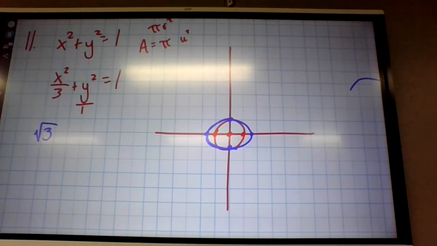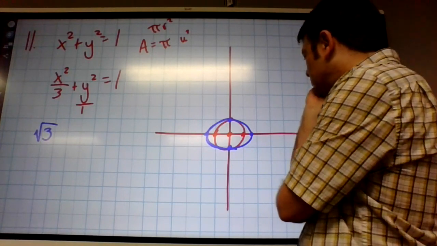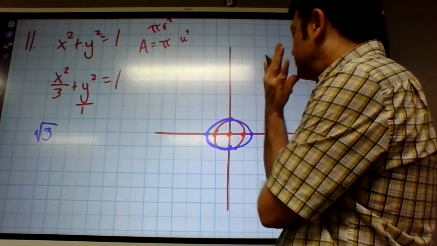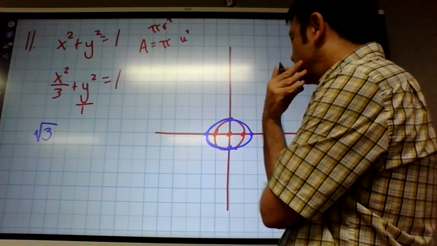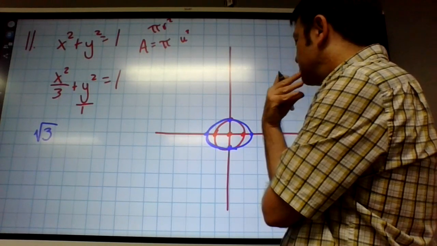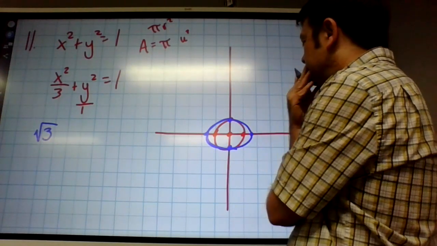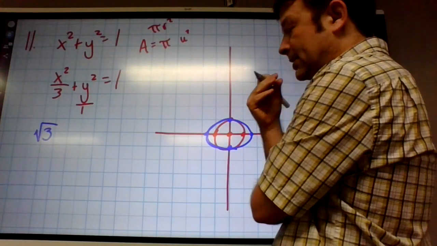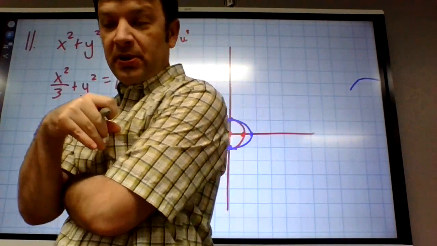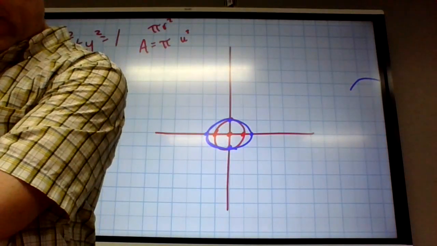All right, they said, guess what the area of the ellipse is. Well, we know it's bigger than pi, right? Well, I guess about 4. Pi is 3.14, so it's a little bit bigger.